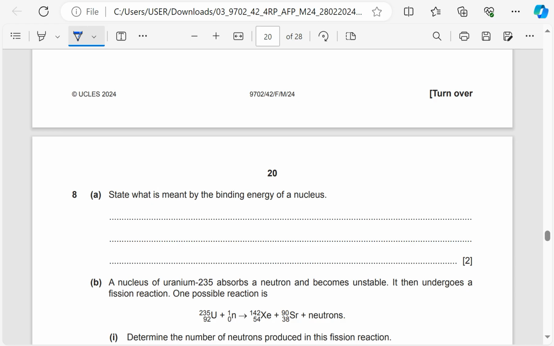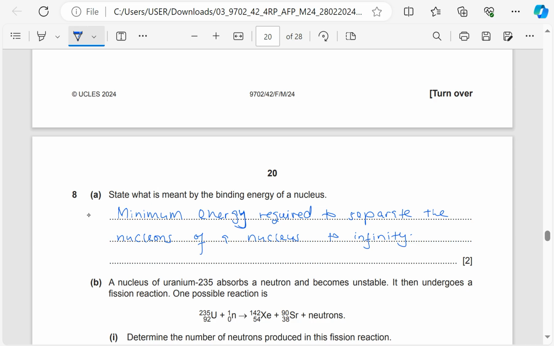Of course, if you have watched my videos for nuclear physics, you now know that binding energy is the minimum energy required to separate the nucleons of a nucleus to infinity.